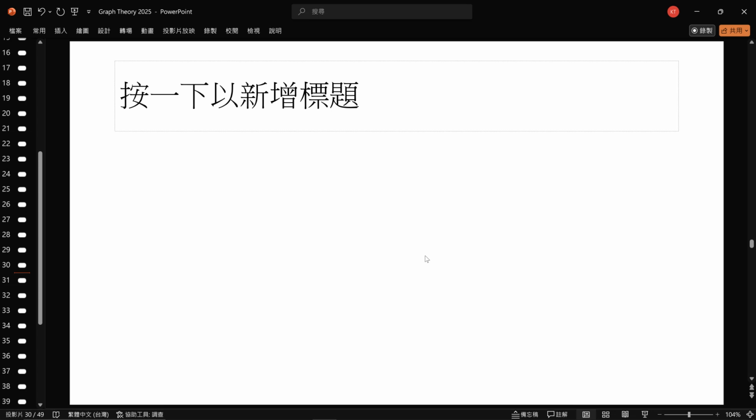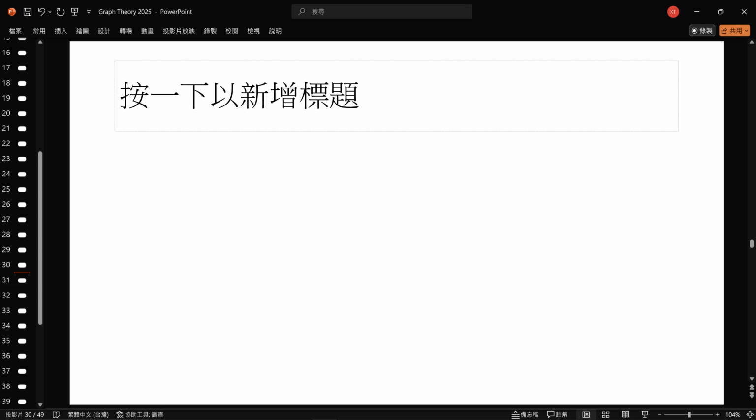Okay, so we're going to prove the following claim, which will prove this claim, okay? Because we have the algorithm already, so we only need to prove the existence of a cycle when the total degree is large enough and the graph is disconnected.